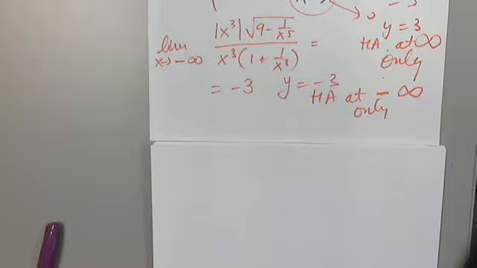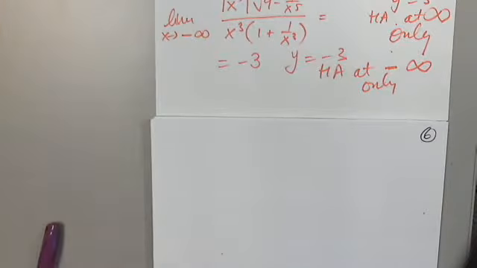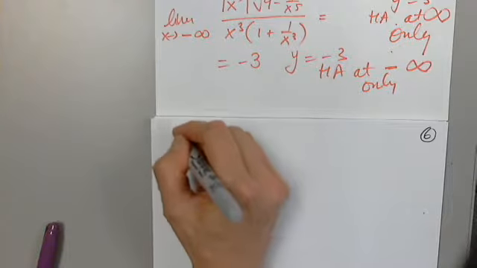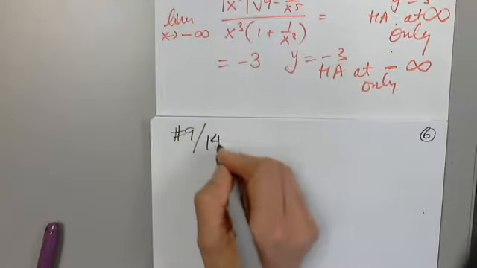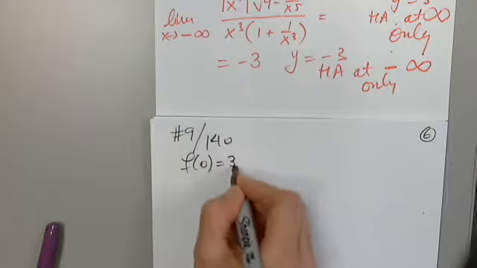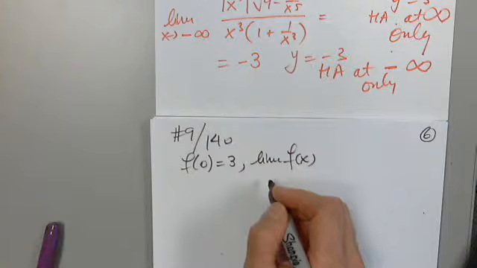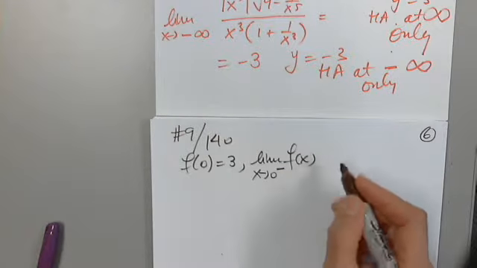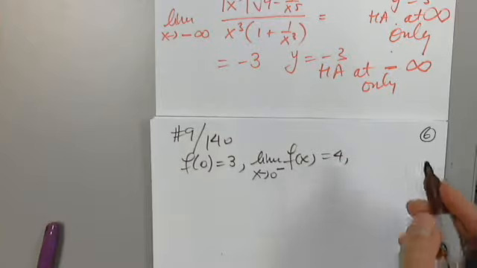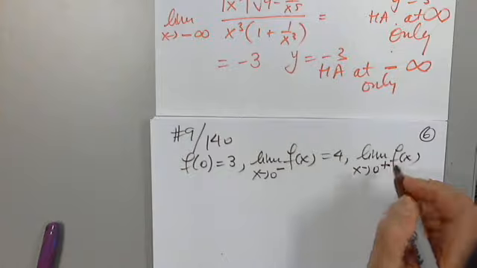Here's a problem that we looked at before. However, we're adding more stuff to it. Problem 9 on page 140. Sketch the graph of an example of a function f that satisfies all the given conditions. And there are many. F of 0 is 3. Limit of f of x as x approaches 0 from the left is 4. Limit of f of x as x approaches 0 from the right is 2.